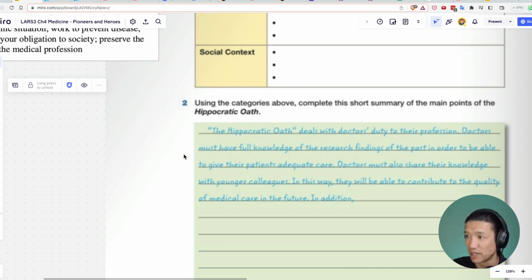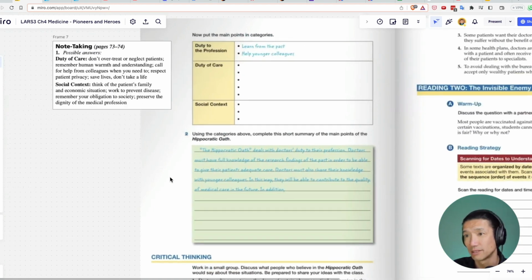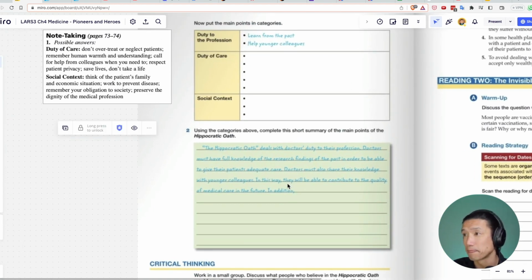Doctors must have full knowledge of the research findings of the past in order to be able to give their patients adequate care. Doctors must also share their knowledge with younger colleagues. In this way, they will be able to contribute to the quality of medical care in the future. What else could I write? Doctors shouldn't overtreat or neglect patients.